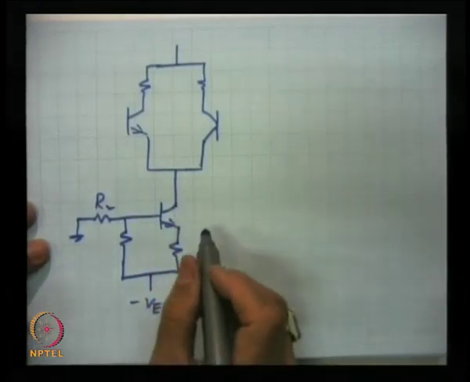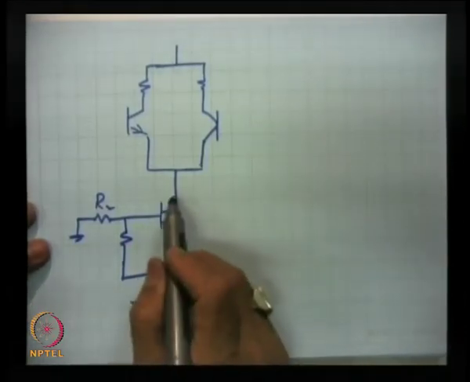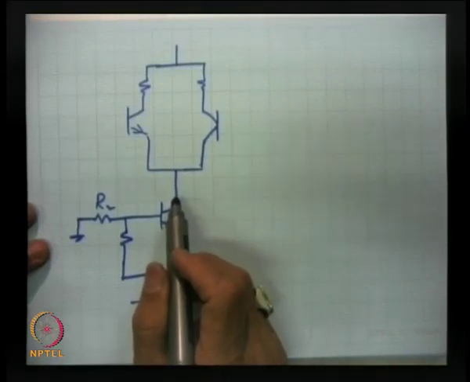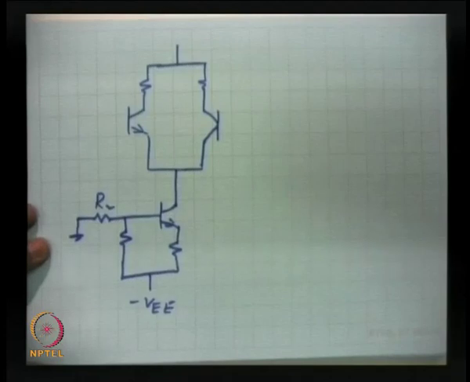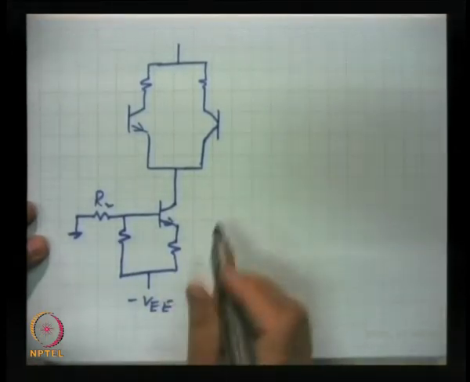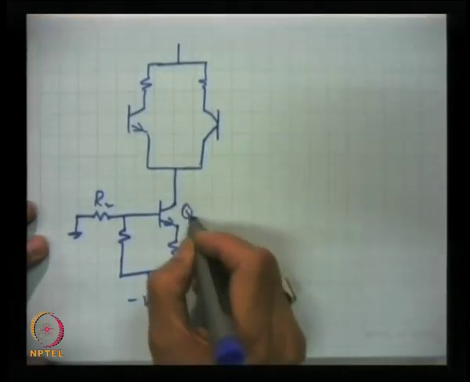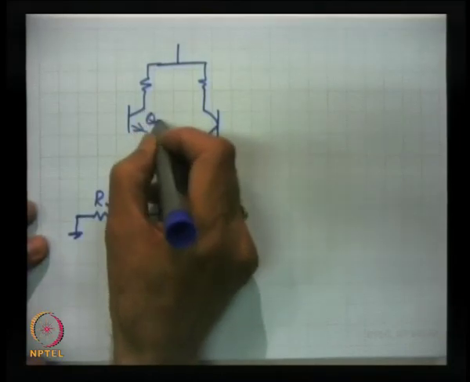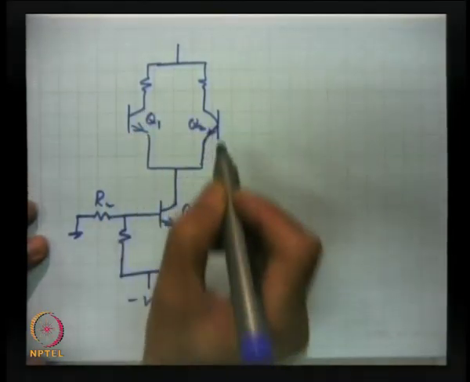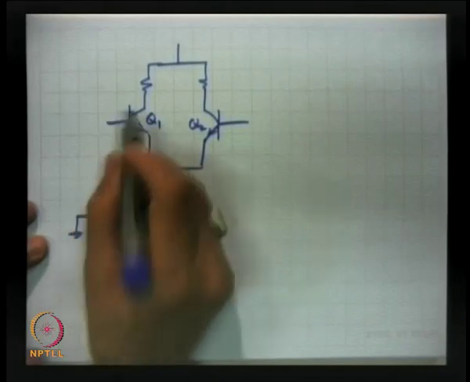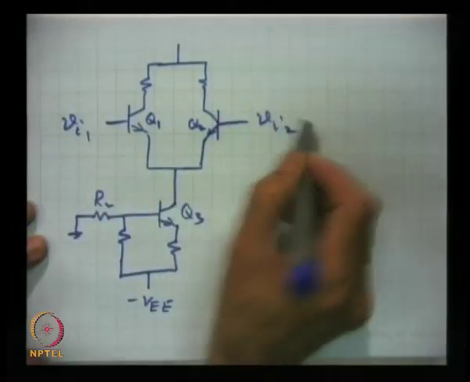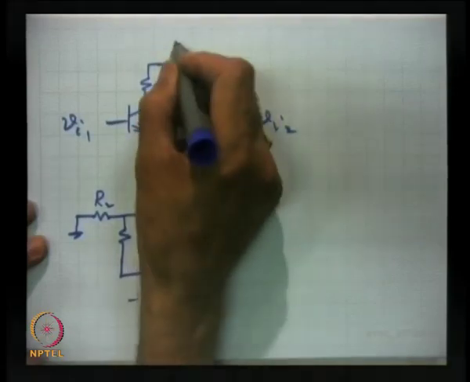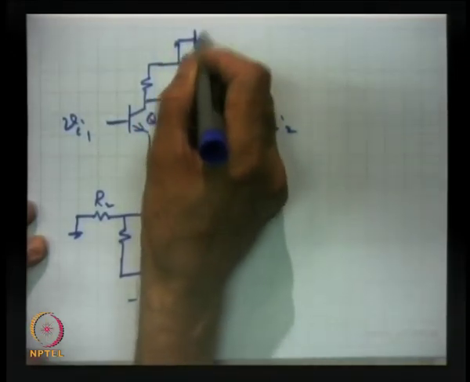Because the reverse bias collector has much higher resistance than simple resistance Re. So, this acts as a transistor Q3, this is Q1, Q2, this is Vi1, Vi2, rest is the same as we have discussed.